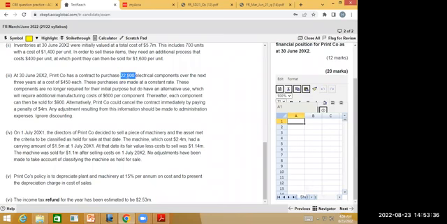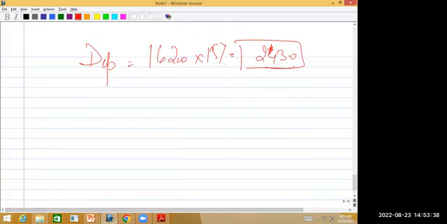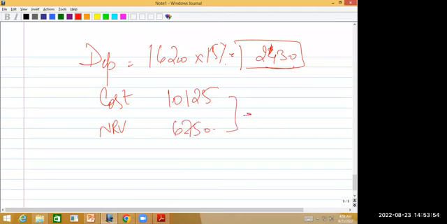So the cost and the net realizable value. The cost is 10125, the realizable value is 6750, so the estimated loss that the company is going to make will be 3375.